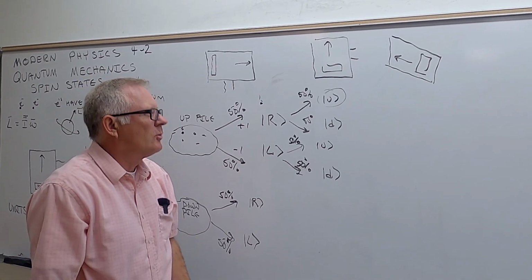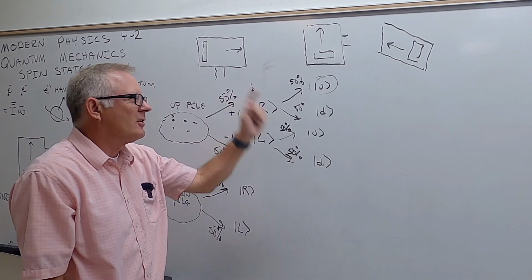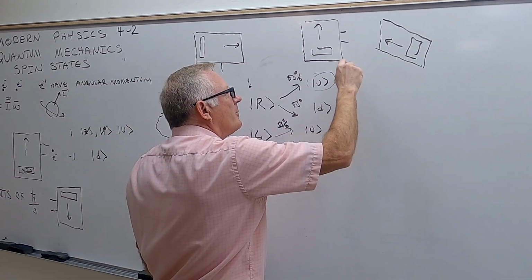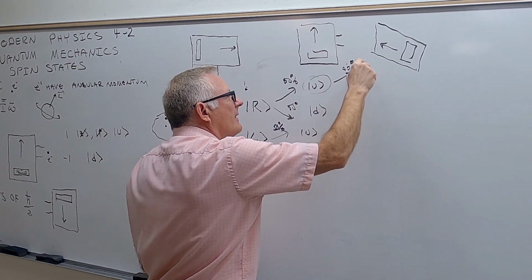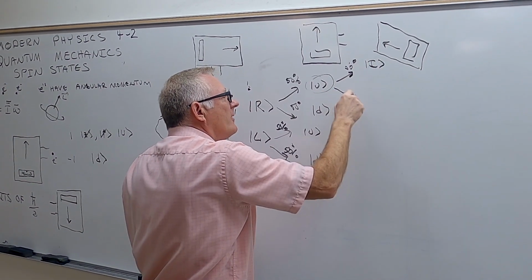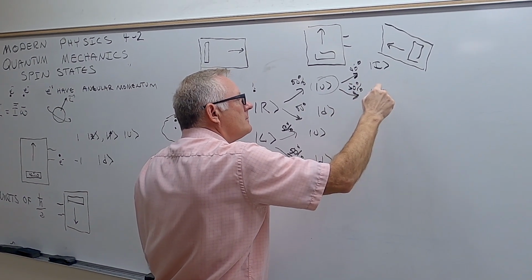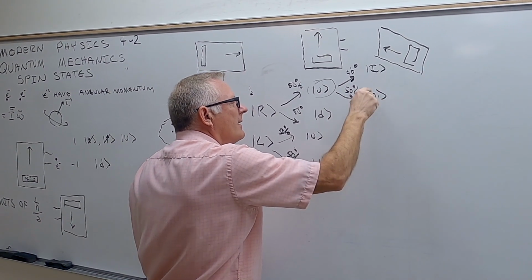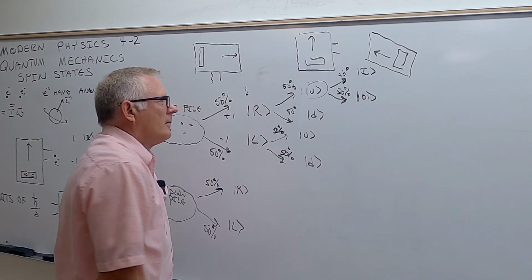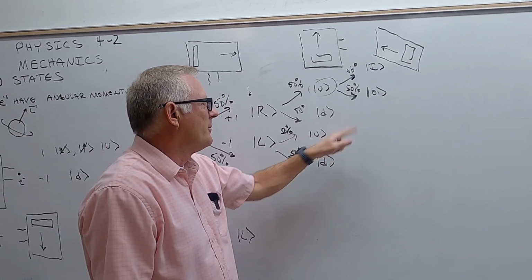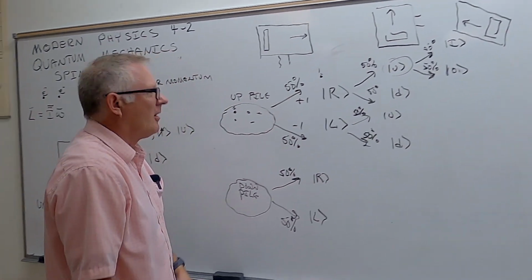Plus or minus 1 on every single one. How many of them are going to be in? 50%, and 50% out. Same with this, 50% in, 50% out, all the way down.